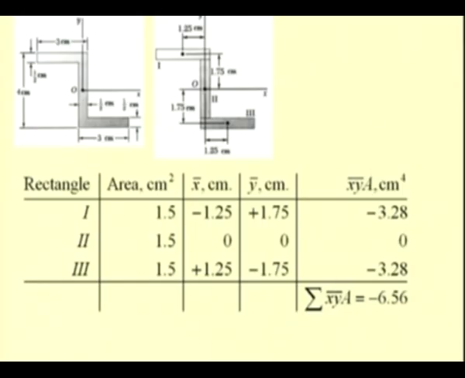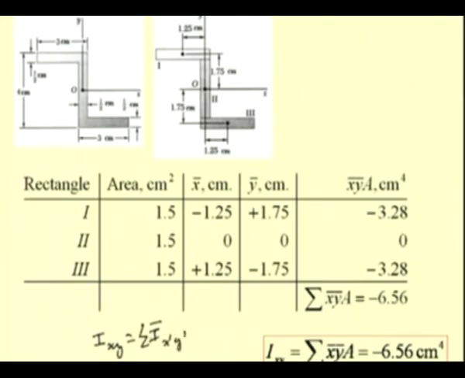For this area 2, you can see that the location of the centroid is at O, that is 0, 0, and that product becomes 0. The sum of this is minus 6.56. Once we know this value, we can determine Ixy. Actually, this Ixy is equal to the sum of the products of inertia I bar x prime y prime of all these individual areas with respect to their centroidal axis, which is 0.